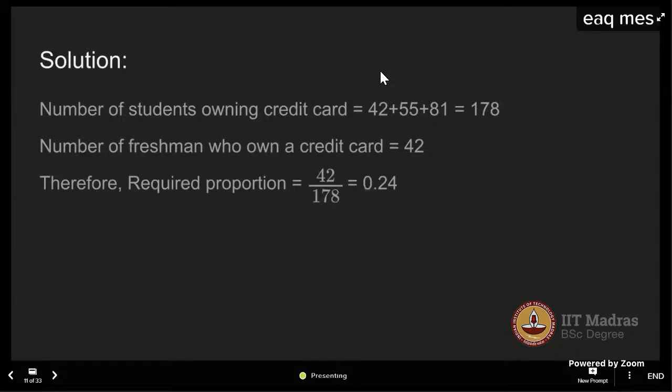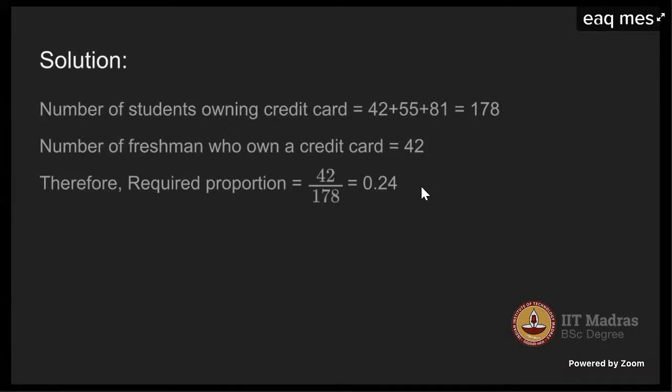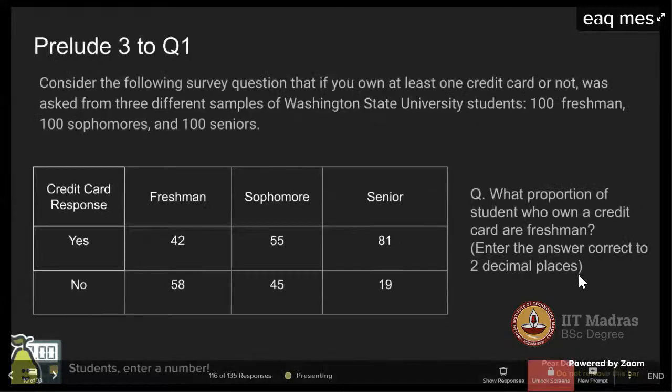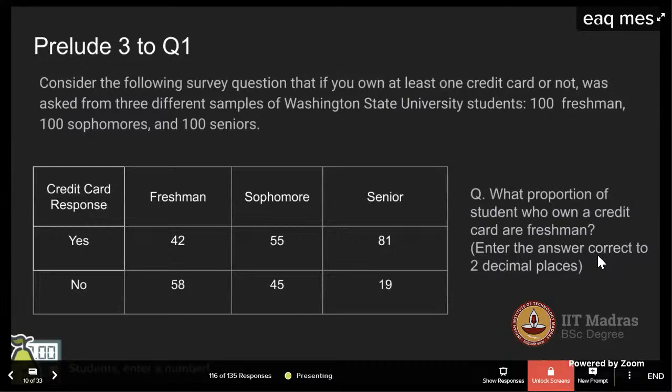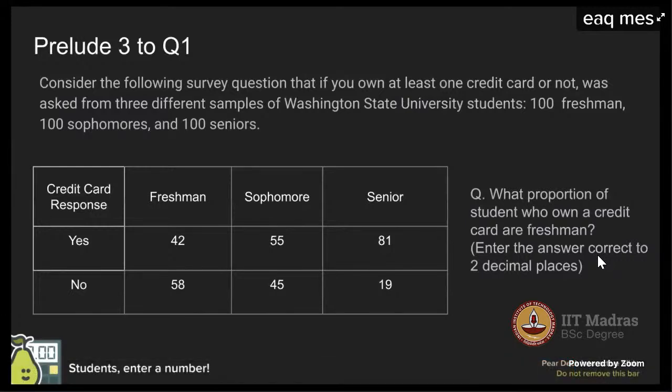Any doubt in this? Yes, actually, when will we do 42 out of 300? What will the question look like for that? 42 by 300, what proportion? It is the proportion of students who own a credit card and are freshmen, out of all students.